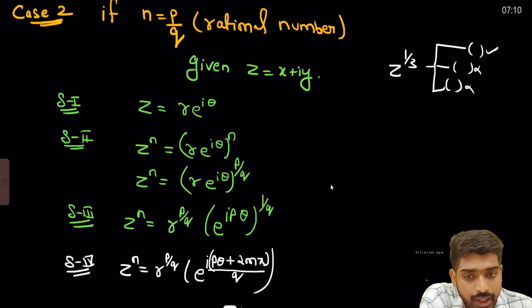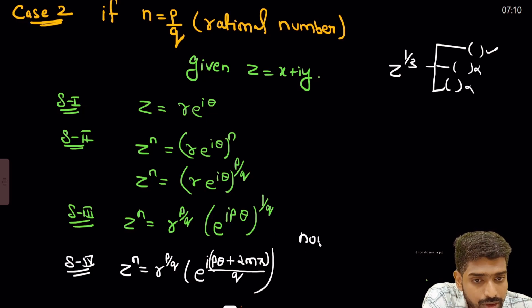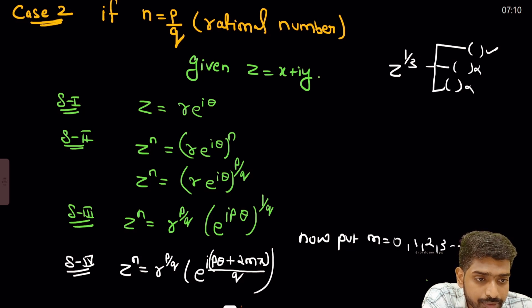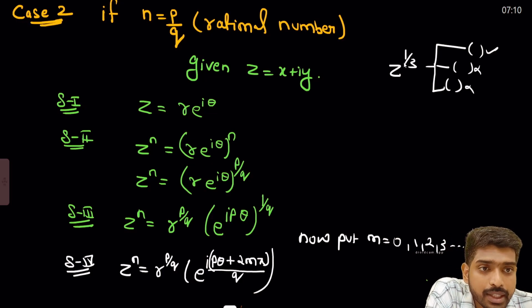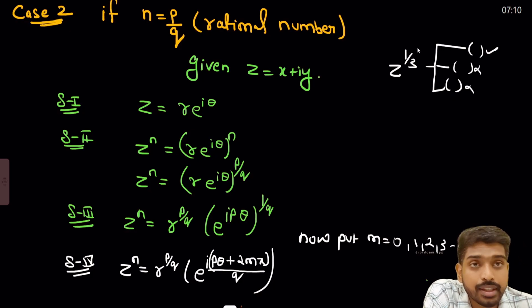Got it? And now put m value as 0, 1, 2, 3 and so on till q minus 1. So see how many roots will come. If the complex number is raised to the power 1 by 3, there will be three solutions possible, right? How will we get those solutions? By keeping m value as 0, 1 and 2. Understood?